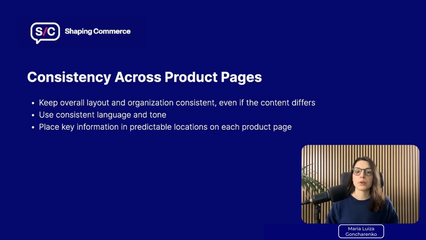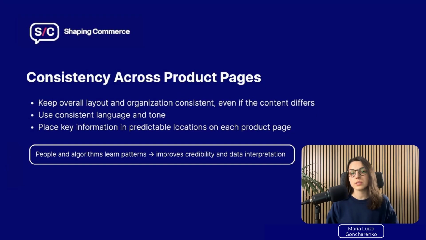It's equally important to ensure the language and tone are consistent and to place content like product description or product titles in predictable locations, because it helps both people and algorithms recognize patterns and improve how the system understands information.